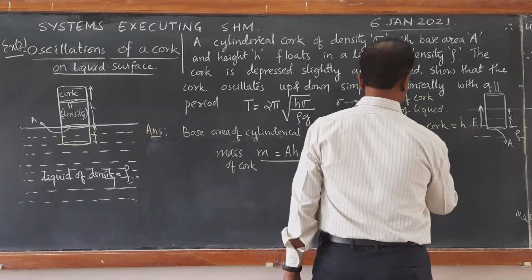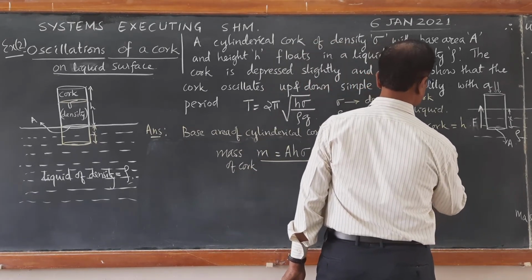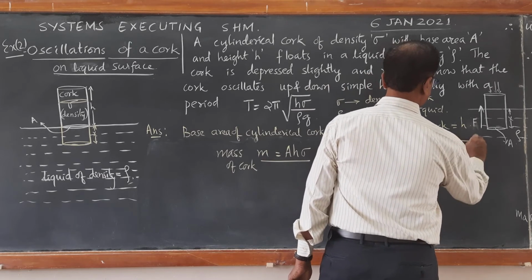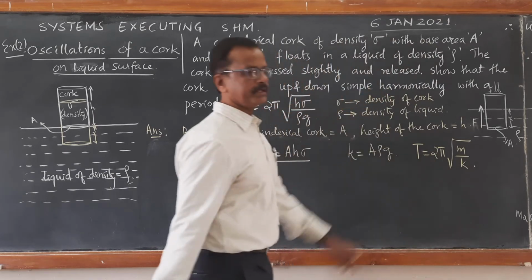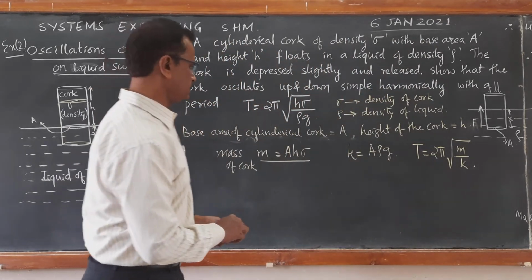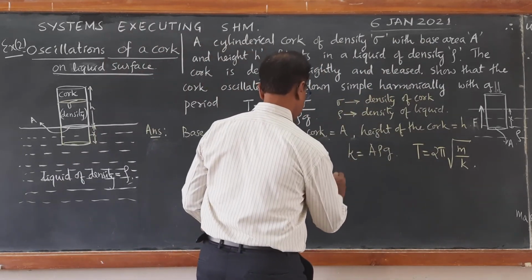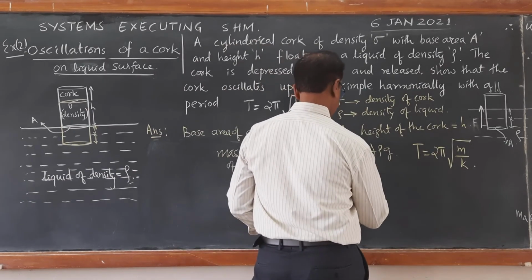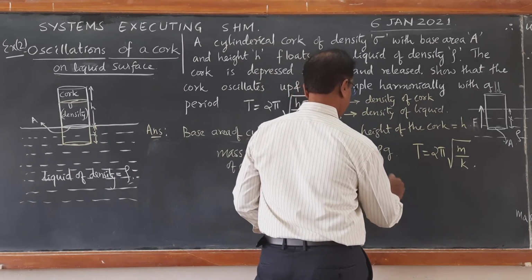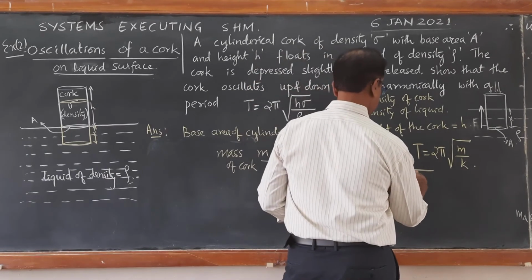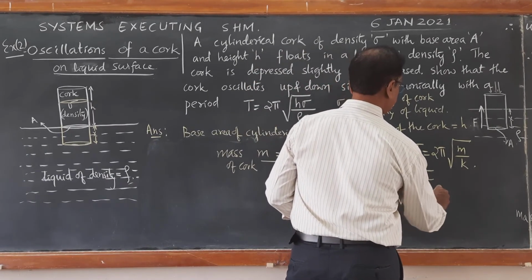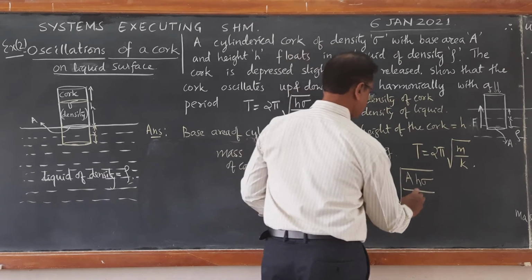Substituting in the time period of oscillations, 2 pi square root of M by K, we get T equal to 2 pi square root of A H sigma divided by A rho g.